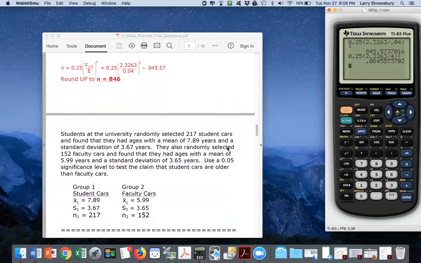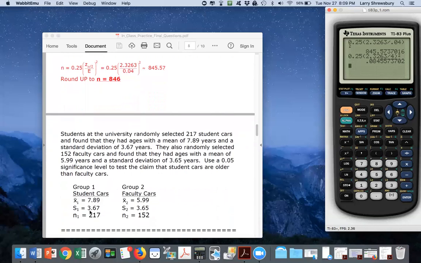All right, let's see what the next one's about. So the students of the university randomly selected 217 student cars and found that they had ages with a mean of 7.89 years and a standard deviation of 3.67 years. And that's summarized right here.